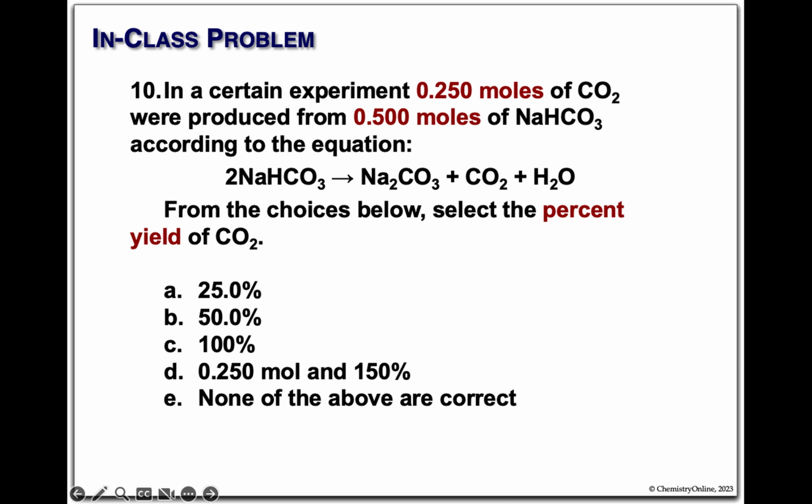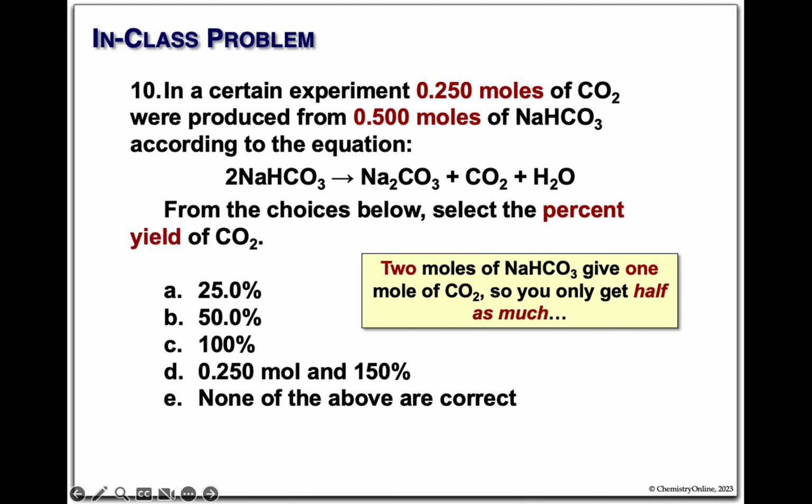Look at the stoichiometry. If you have 2 moles of sodium hydrogen carbonate, you get 1 mole of CO2. So you only get half of what you start with.